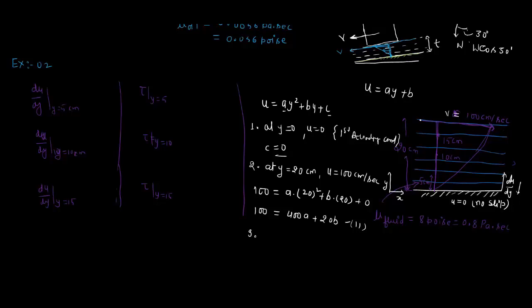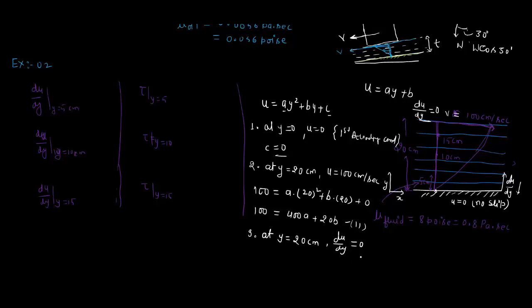At the solid surface, the velocity gradient is maximum. At the top surface, the velocity gradient is 0. So my third condition is at y equals to 20 centimeter, at the top layer, du upon dy is 0.